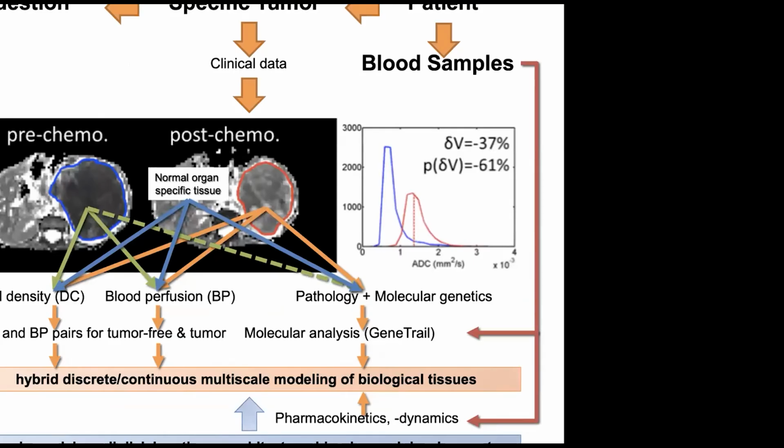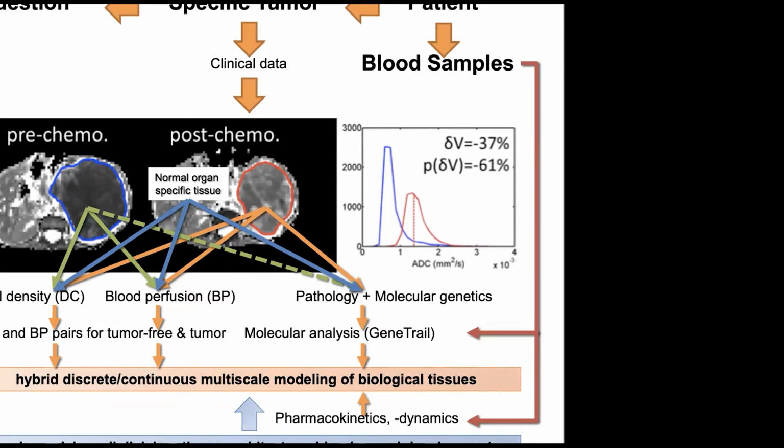What are the data we do have? We have here the patient with a specific tumor, and we have the question. We have blood samples from the patient, we have the clinical data, we have imaging data, and from the blood samples we may also create molecular data, and from the imaging data we may get other kinds of knowledge.